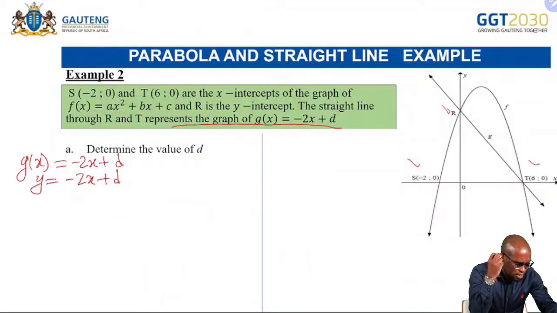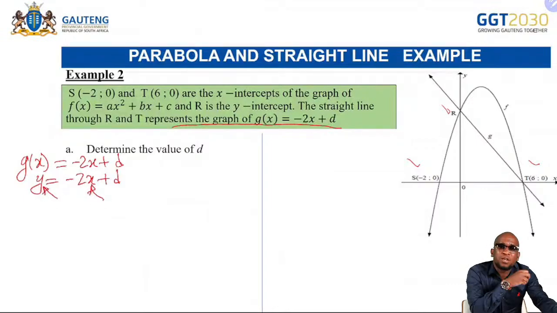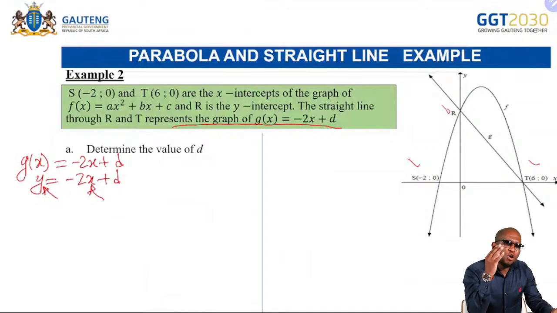In order to get the value of d, I need y and I also need x. Which means that if I can find a point that lies on the straight line, then we will know that that particular point conforms to the equation y equals minus 2x plus d.